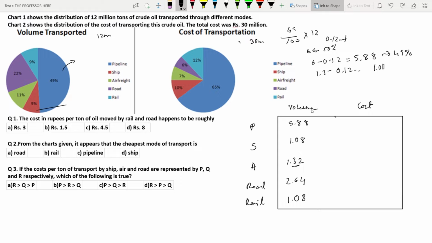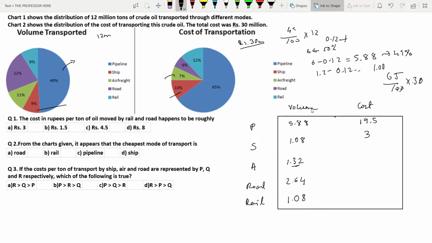The total cost is 30 million rupees. So 65% means 65 by 100 into 30. All I have to do is multiply 65 into 3 and divide by 10. So 65 into 3 is 195, and divided by 10 I will get 19.5. For ship it is 10%. 10% of 30 million rupees is 3 million.